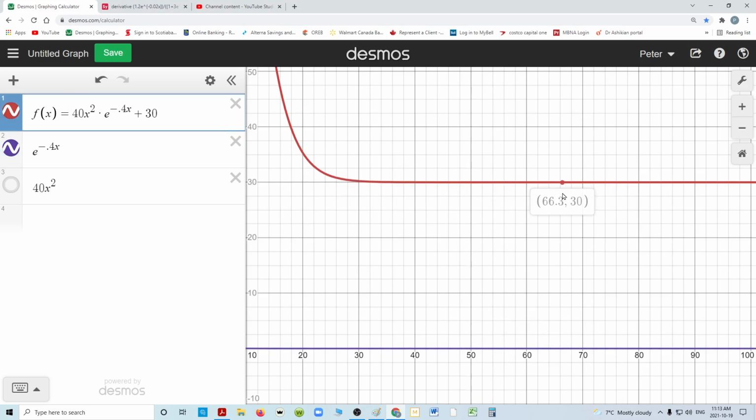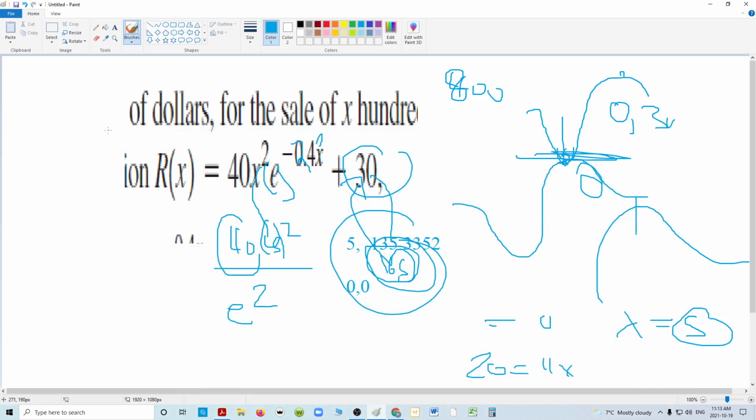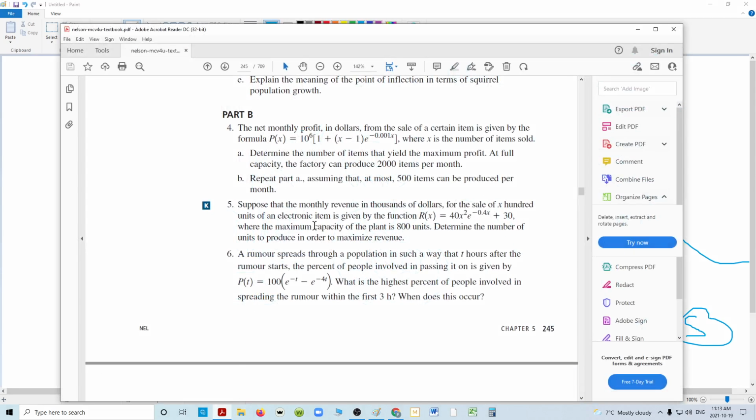And it's only up here at 30 because we've added 30, and it will always be slightly above 30 because this purple curve is always slightly above 0. Makes a lot of sense. Was that the overall question? I can't remember. I think they just wanted to know max and min.